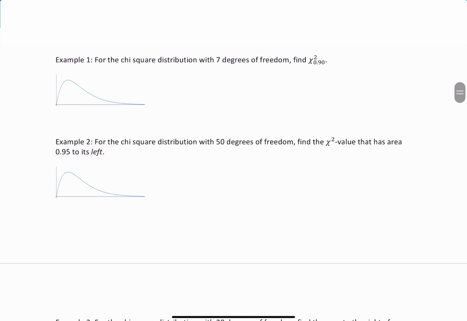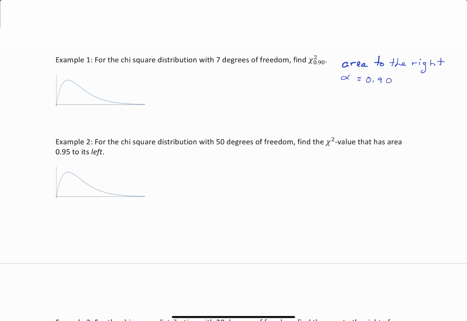For the chi-square distribution with 7 degrees of freedom, let's find chi-square sub 0.90. Remember that subscript is giving us an area. Specifically, it's giving area to the right of the chi-square value that we're interested in, and that area, which we're calling alpha, is 0.90.